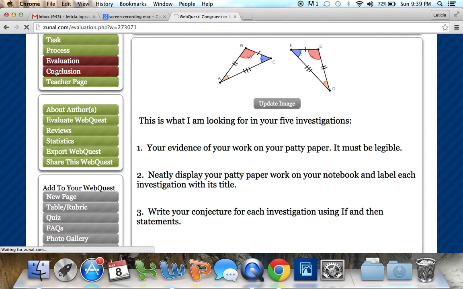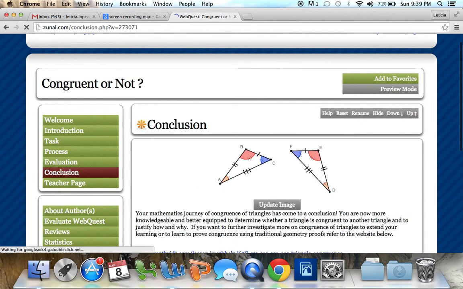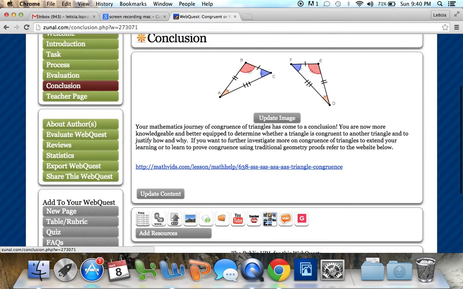This concludes your web quest. After having completed this web quest, you should be able to determine whether two triangles are congruent or not by using shortcuts such as angle-side-angle, side-angle-side, and side-side-side.